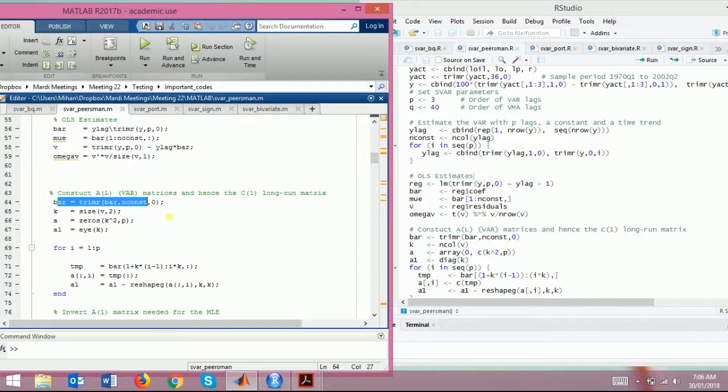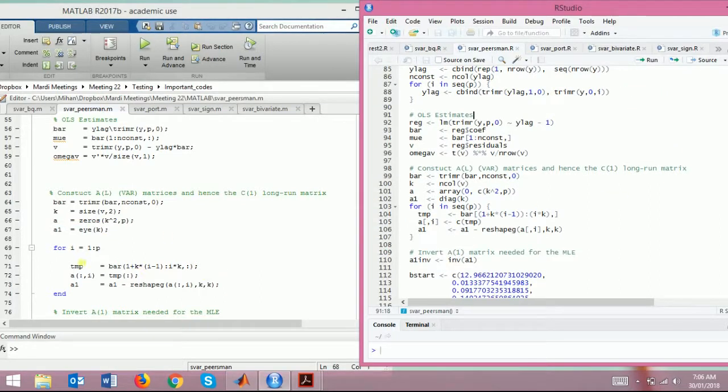Okay, beta, we have beta number of constant, rest is from there. We are finding the number of columns here, which is the number of variables. So n square, this is n variable, this is n square. Matrix, structuring the matrix here. Then identity matrix, we will be needing that.